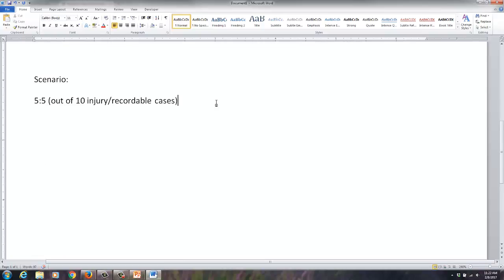So, scenario: out of 10 recordable cases, if it was a 5 to 5, but we were to increase it by two-thirds of that, which is approximately 6, we'd add that 6 to the no lost time, and that would be 11 to 5 then. And that would give us approximately a 2-to-1. So a non-conservative estimate is a 2-to-1 ratio. But we're going to use 1-to-1 because that's more conservative.